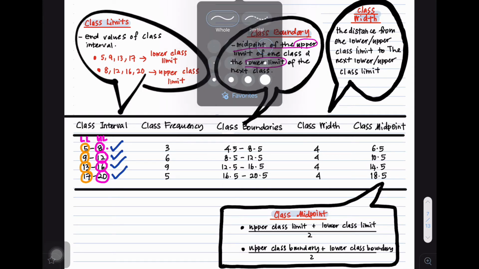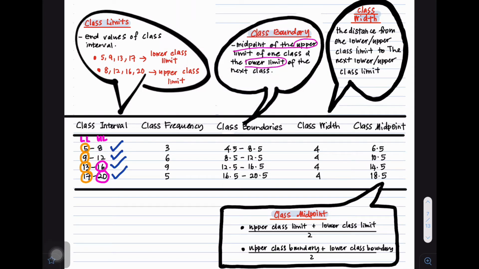Maksudnya class boundary ini, apa yang awak kena buat adalah ambil the upper limit, tambahkan dengan the lower limit, bahagi dengan 2. But then you need to be careful because it's the lower limit of the next class, not the same class, the next class.